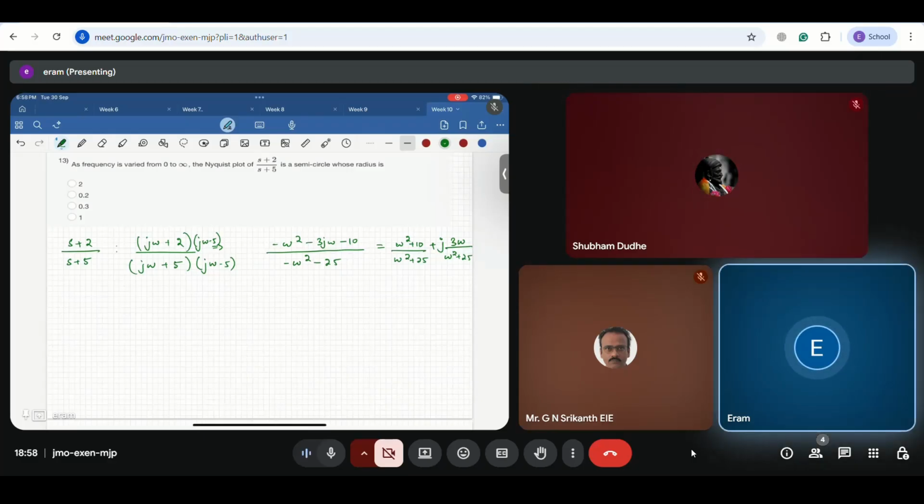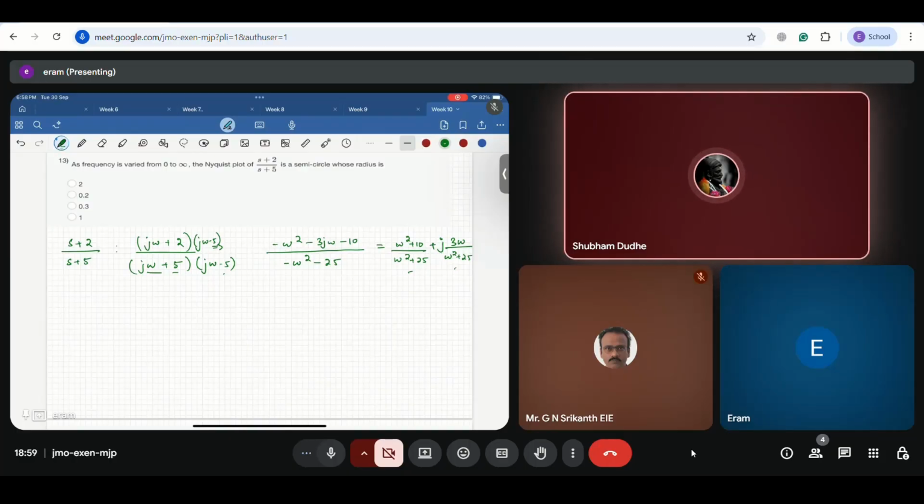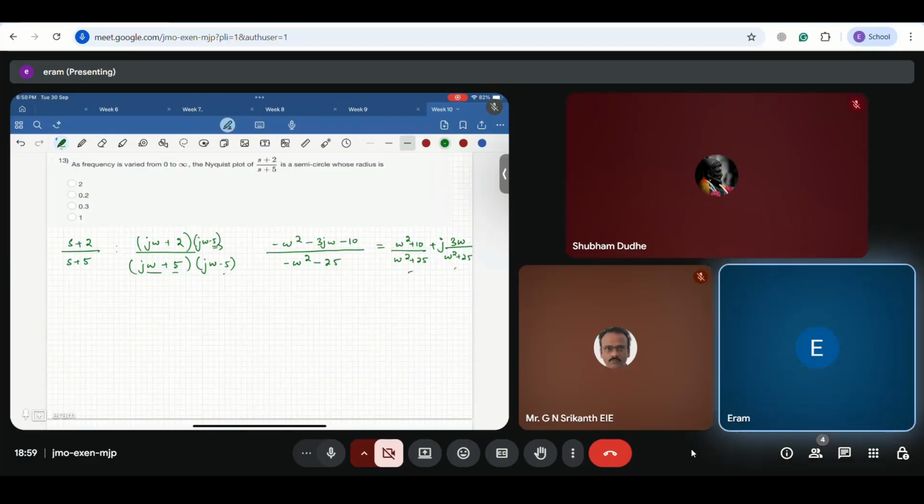Yes, it will be, but I have taken jω plus 5 and jω minus 5. You must have taken 5 minus jω. So anyway, ultimately all the minus will cancel out and you will get this. No, ma'am, the first term, (jω) square, will be positive. Okay, let me show you what I am talking about.